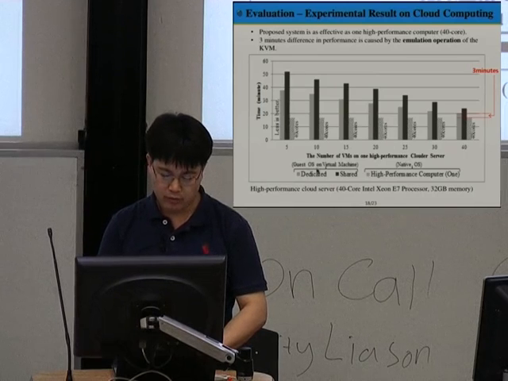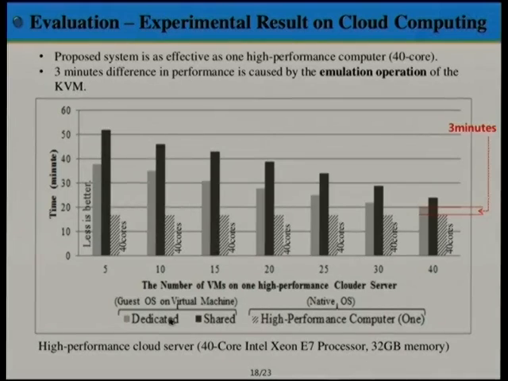Actually, in our proposed system, we adopted some guest OS on the virtual machine based on KVM. And then we ran the native OS on the high performance computing powers.